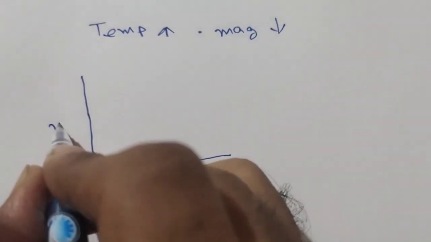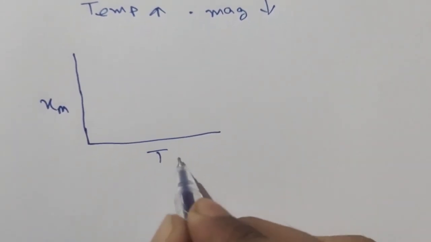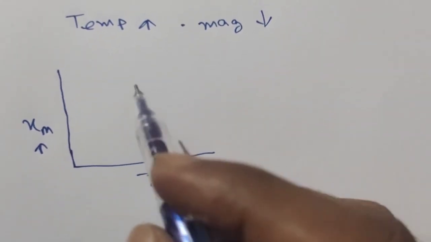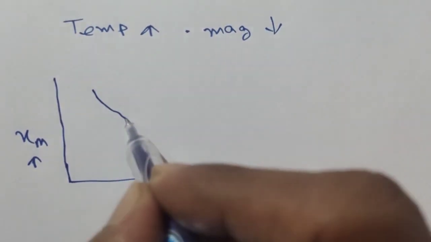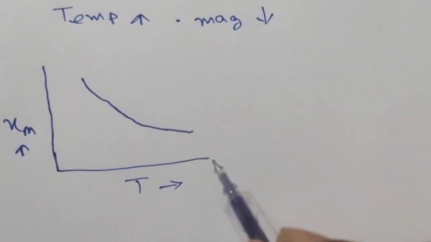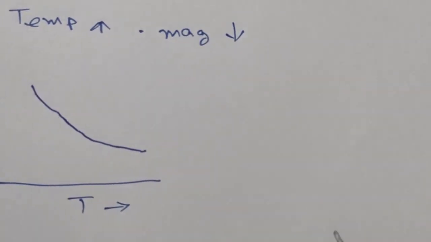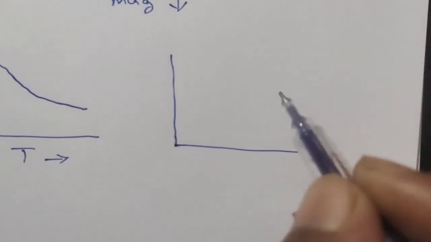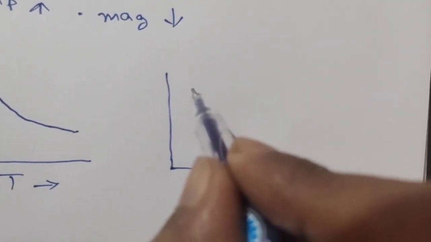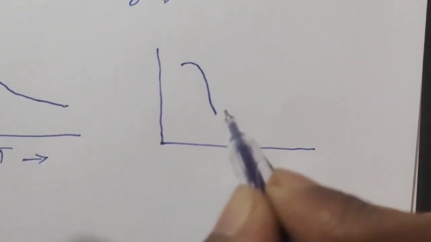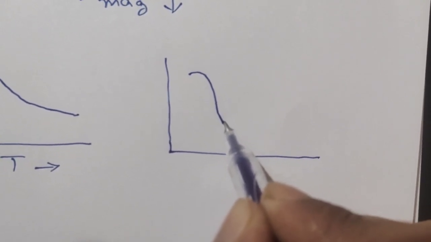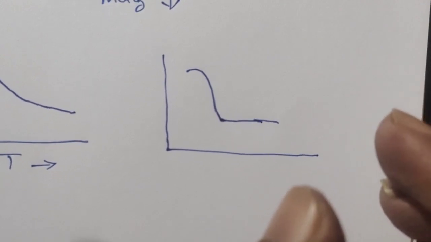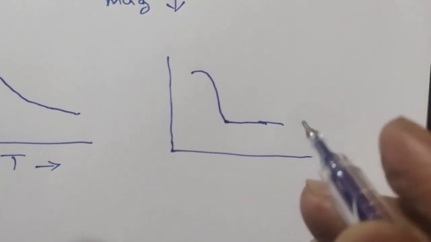This is magnetic susceptibility, and if we increase the temperature for paramagnetic compounds, we will get a curve like this. It decreases with the temperature. For ferromagnetic compounds, it decreases steeply at first, then after a certain temperature the rate of decrease will be lesser.